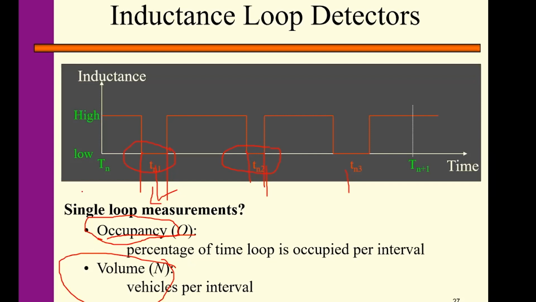So if we want to calculate occupancy for this time instant, we just use Tn1 plus Tn2 plus Tn3 divided by T(n+1) minus Tn. This is the percentage of the loop occupied per interval.